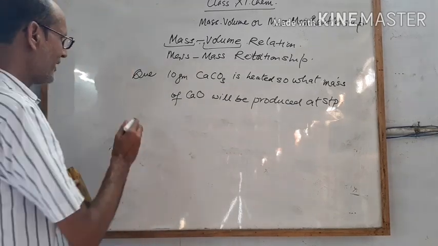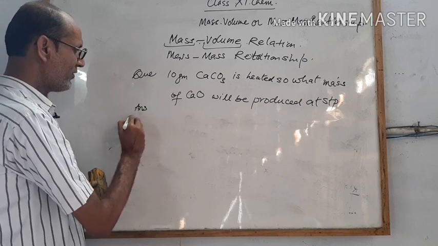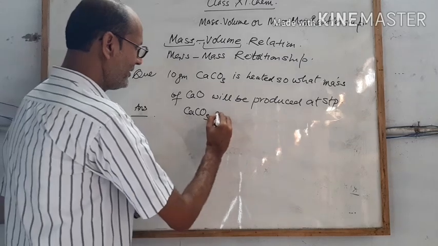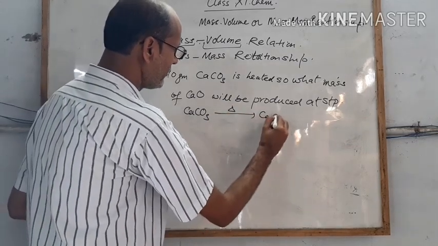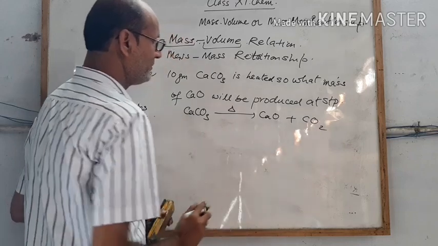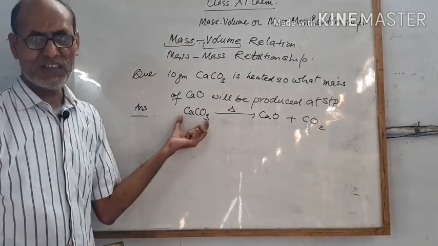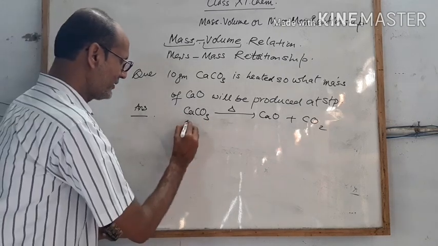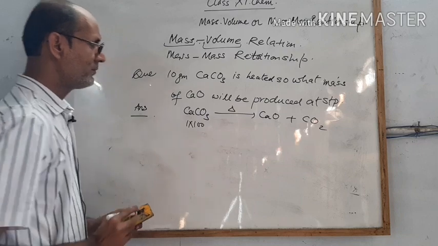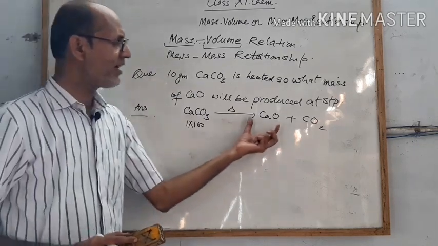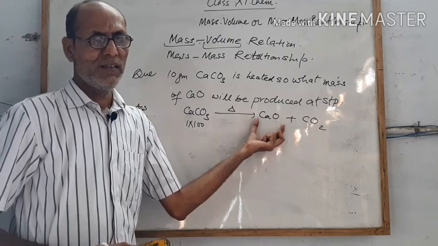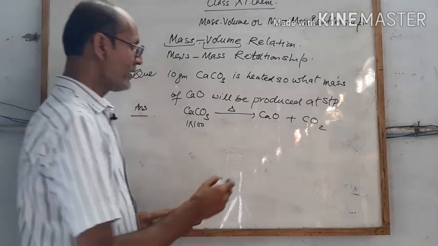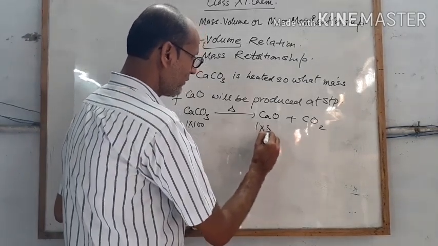What you have to do is the same. First write the equation: CaCO3 gives, on heating, CaO plus CO2. The molecular mass of CaCO3 we have already found to be 100, so write 1 into 100. You have to find the mass of CaO, so here we calculate its molecular mass also: 1 into 56.